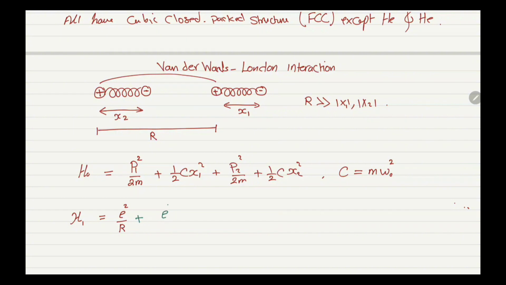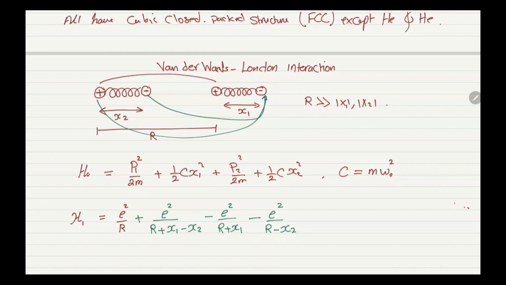plus e squared over R plus x1 minus x2, which is the interaction between this one here and this one here, minus e squared over R plus x1, which is the interaction between this one and this one here, minus e squared over R minus x2, and this one is the interaction between this one and this one.